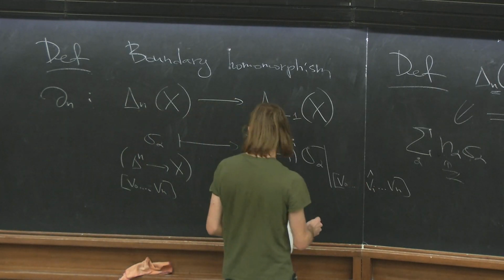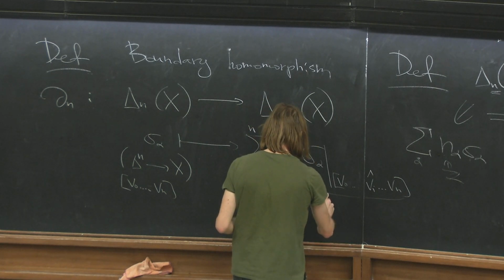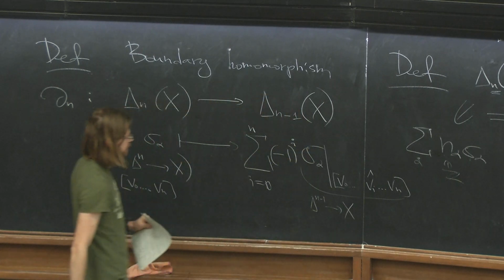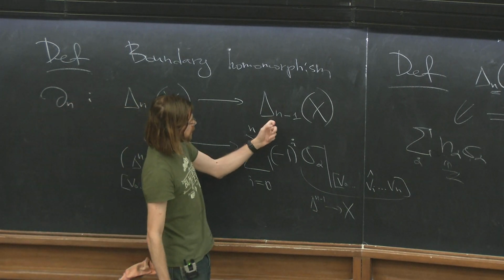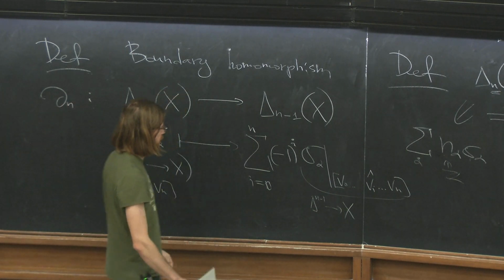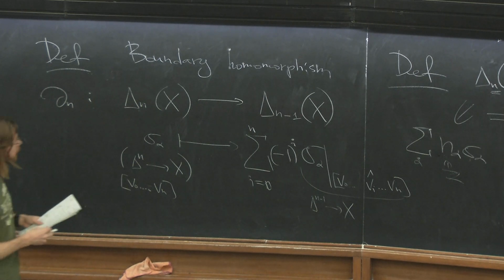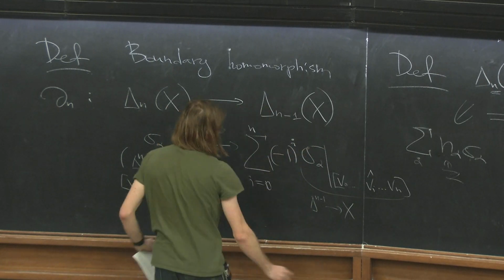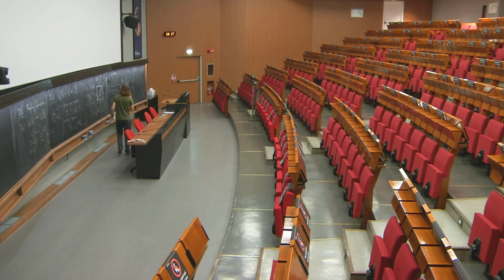This restriction will be a map from an n minus 1 simplex to X. So this indeed gives me an element in this abelian group. Any questions about these definitions?